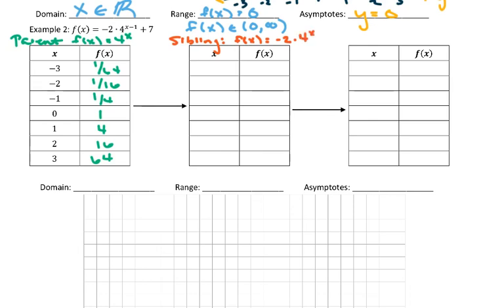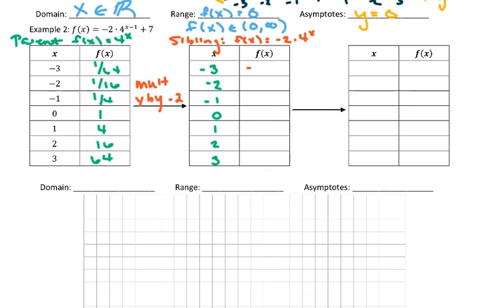Okay, so what you're doing, that's your vertical stretch. So you're going to multiply y by -2. All right, so you're not going to do anything here with your x values. They remain the same. But your y values, you're going to multiply everything by -2.